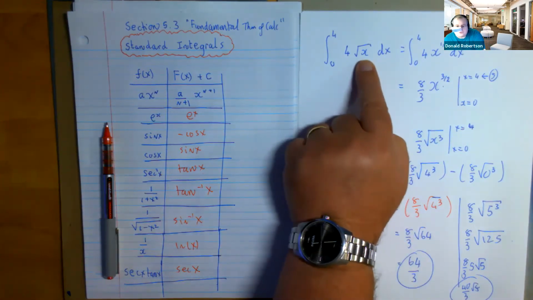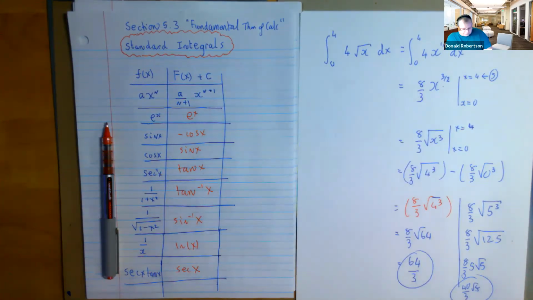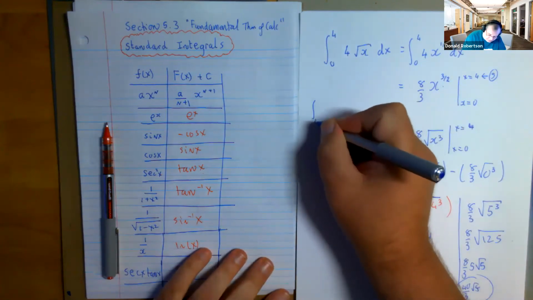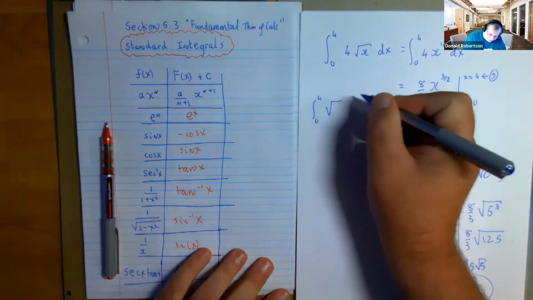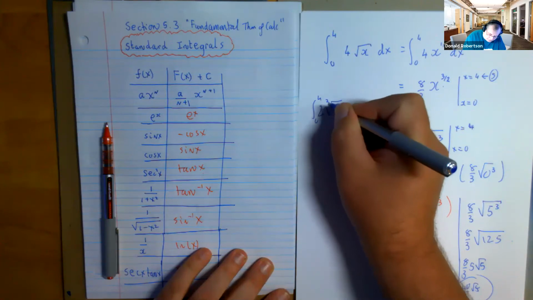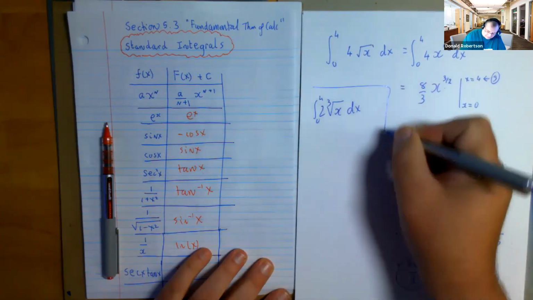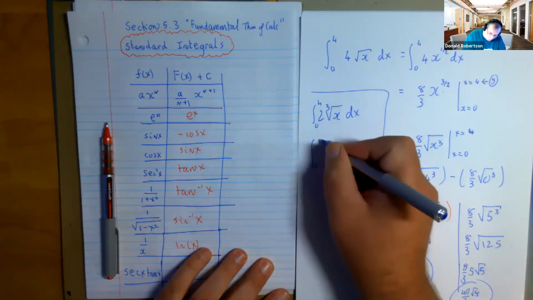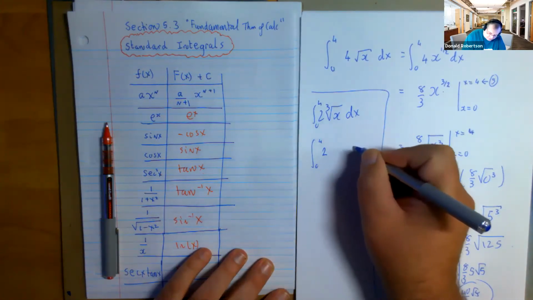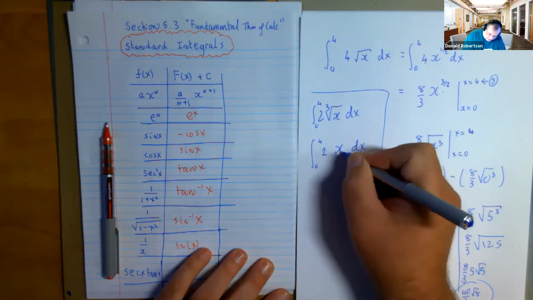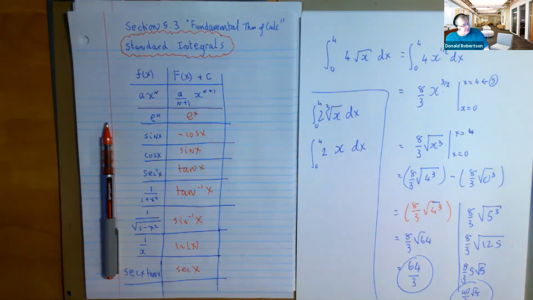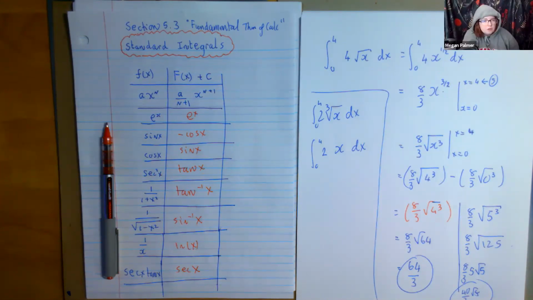Now, can you use this technique for cube roots? I won't do the question, just the start of it. If somebody said to you, I want you to find this, what should I turn it into? What fractional power should the cube root be? 1/3.